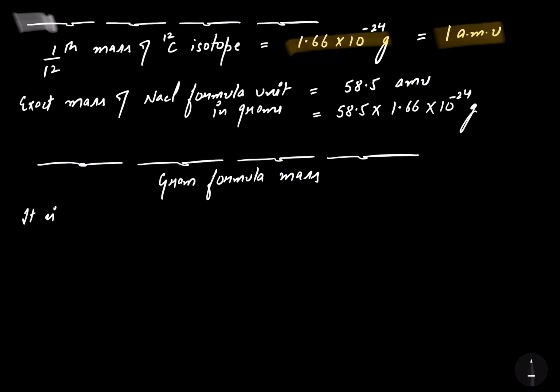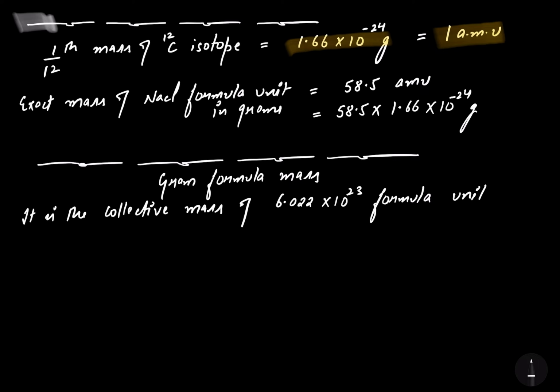It is the collective weight or the mass of 6.022 into 10 to the power 23 formula units. Again, I have used the word formula units. That means gram formula mass is a collective mass of 6.022 into 10 to the power 23 NaCl formula units.